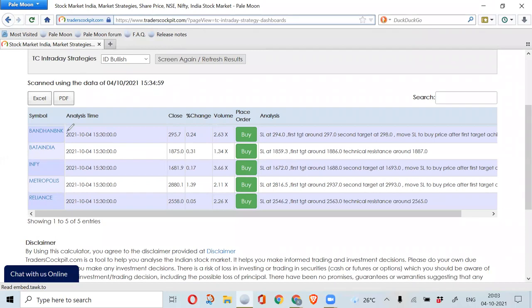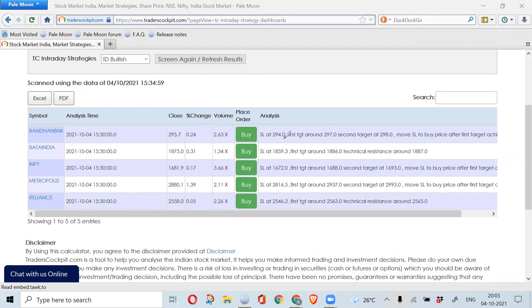In the morning, for the first 15 minutes, you can see 9:30 as the analysis time. Then the close at 9:30, the first 15 minutes candle price, percentage of change, and volume, which will be most helpful for us to take a clear decision.